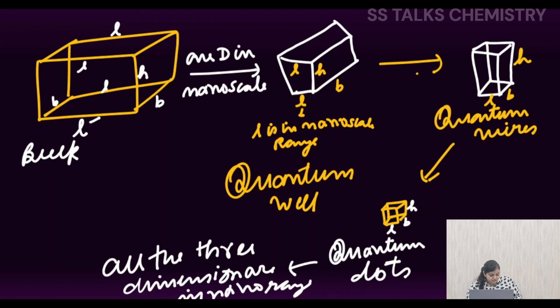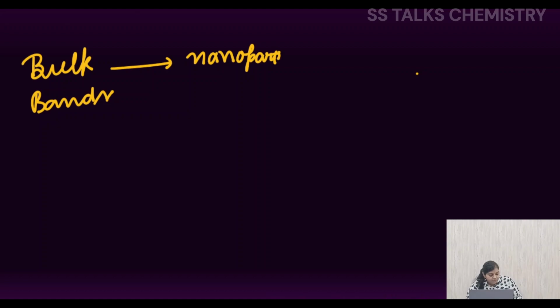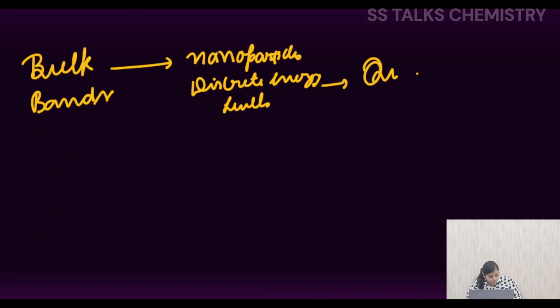And as we have shifted from the bulk to the quantum, why is it basically that the names are quantum wires, quantum dots, quantum well? Why is it so? Because we are shifting from the bulk to discrete energy levels. In the bulk you were having band gaps, you were having bands, and in the next, that is the nanoparticles, when we are observing them, there we have the presence of discrete energy levels, and that we study in terms of quantum, right?